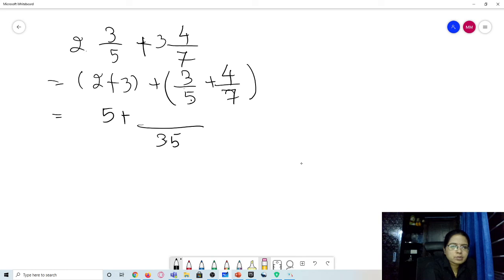Multiply 7 with numerator 3. 7 multiplied by 3 is 21, plus divide LCM 35 by denominator 7. 35 divided by 7 is 5. 5 multiplied by 4 is 20. Now 5 plus 41 divided by 35.